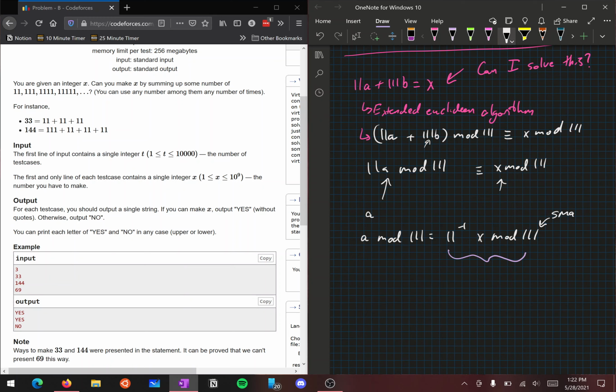To find the actual modular inverse, we can just loop for i from 1 to 111: if 11 times i mod 111 equals 1, then i is your modular inverse.